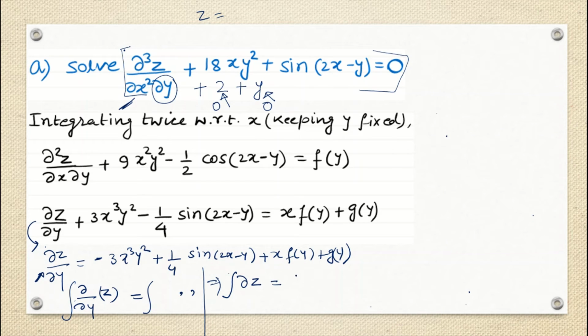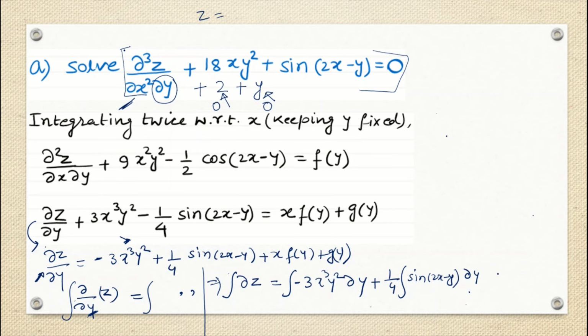So I'm writing down here integration of minus 3x³y² ∂y, because this ∂y I am taking into the right hand side. Okay, and then in each and every term, so that means plus 1/4 I am taking outside, integration of sin(2x − y), and then again it is my ∂y.